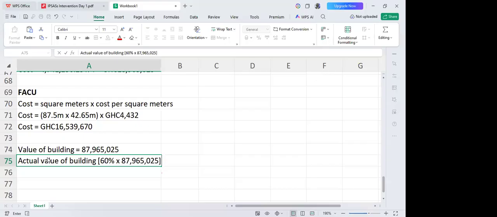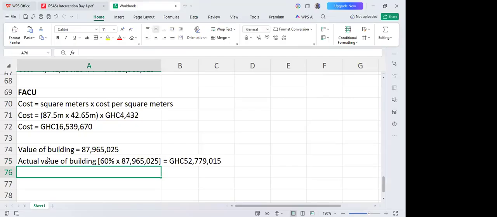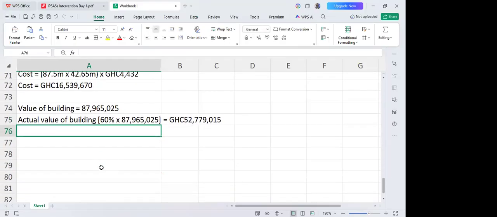What are you going to get? 52 million, 779,015. So this will be the actual value of the building.